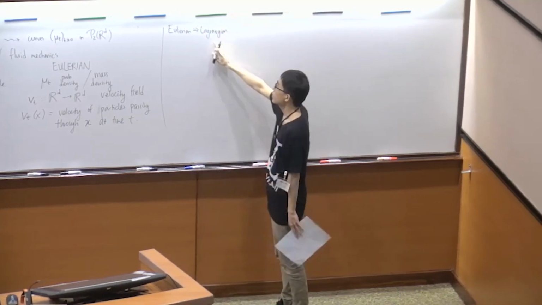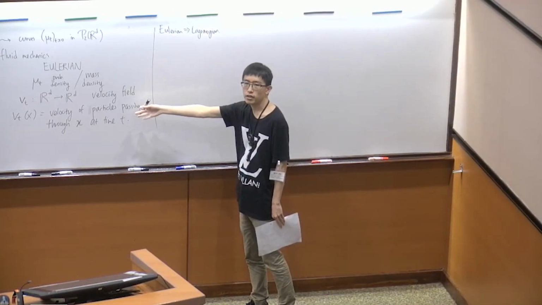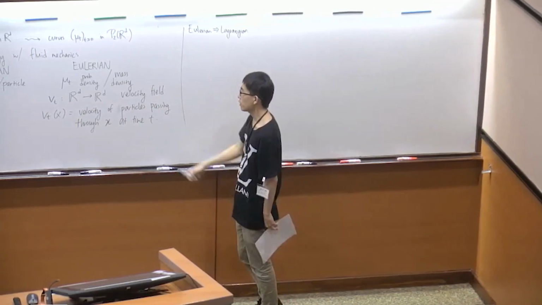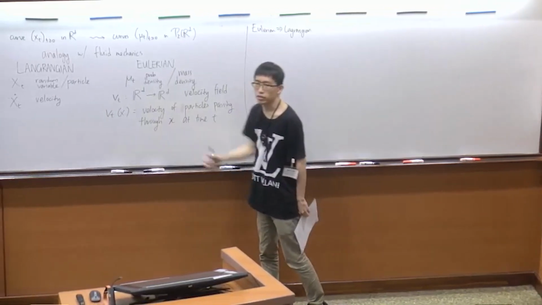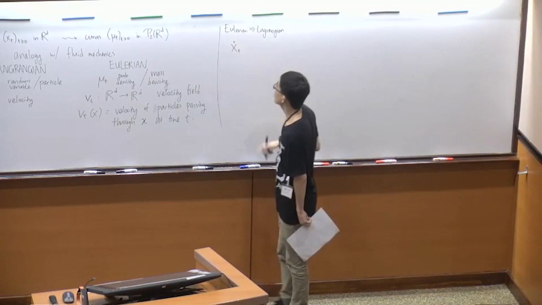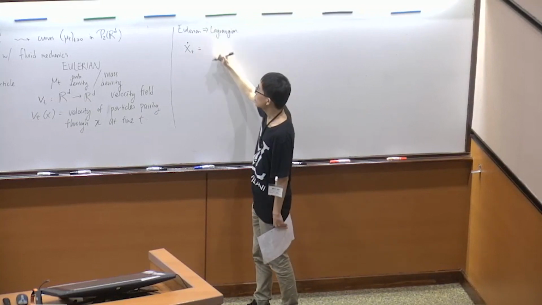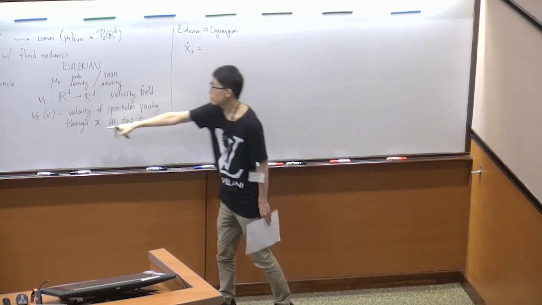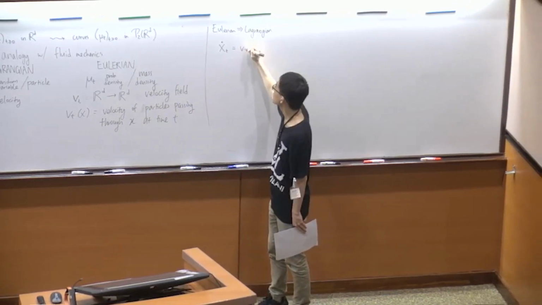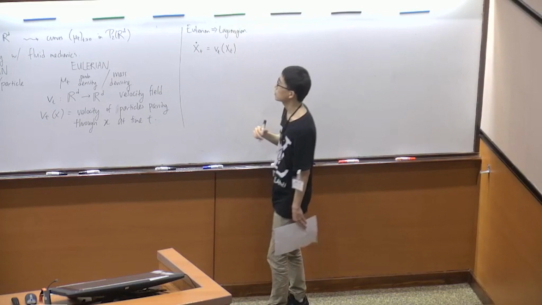In order to provide a Lagrangian description starting with this Eulerian data, basically I need to tell you how the particle trajectories are evolving. And the way that I can do that is because I have this velocity vector field. If I look at a particle trajectory Xt, in order to specify its evolution, I just need to tell you its velocity. But the velocity of a particle is just the value of this velocity vector field evaluated at the current position of the particle, which is Xt itself.